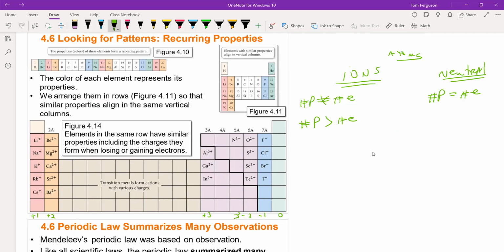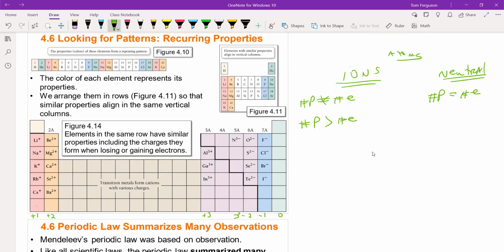So the alkali metals form +1 ions. That means they easily lose an electron. And how many electrons do they lose? Then it's one of two types of ions.